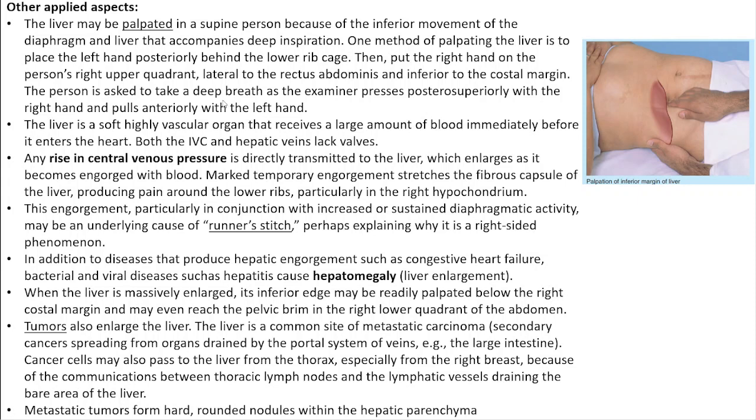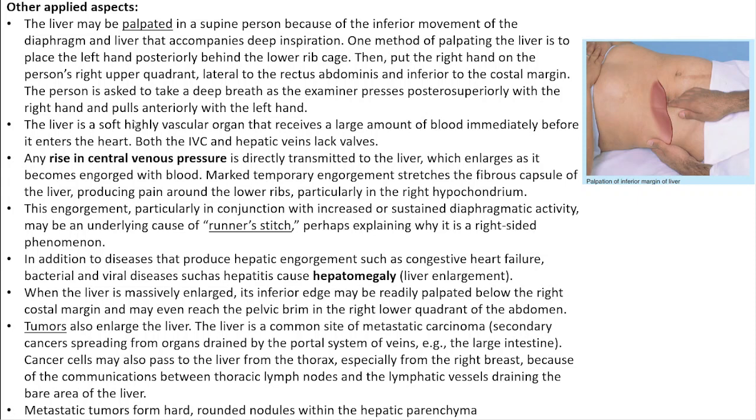The patient is asked to take a deep breath as the examiner presses posterior-superiorly, so posteriorly and superiorly, just below the costal margin, and pulls anteriorly with the left hand, pushing the liver forwards also. By inhaling, the liver is going to come down. So you can feel the inferior margin of the liver if it is enlarged.